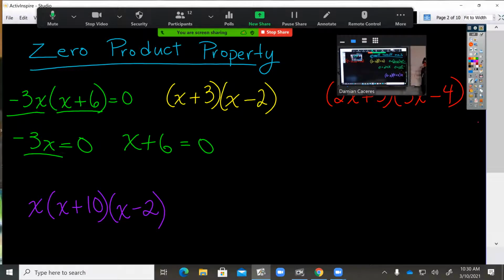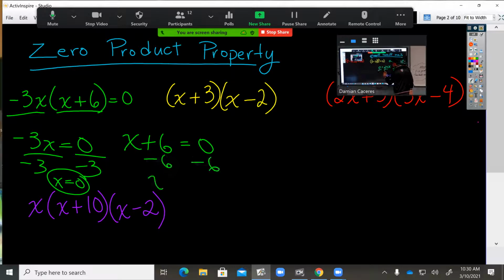How do you leave x by itself here? By dividing by negative 3. Whatever you do to one side, do to the other. So we get x equals 0. Now, if you're going to get x by itself on this equation, it's one step only. Minus 6 on both sides, which gives you x equals negative 6.